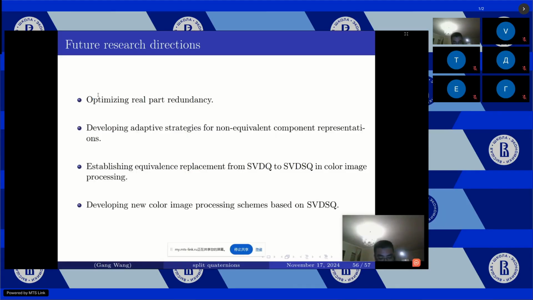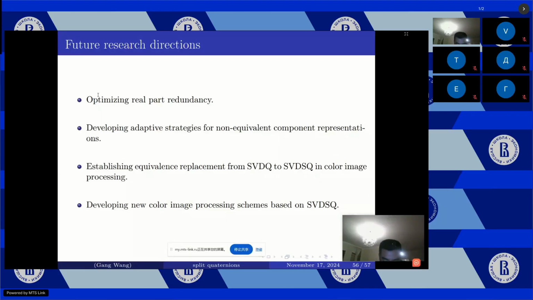Next, building on the aforementioned advantages and disadvantages, the next phase of research can focus on several key areas. First, efforts can be made to optimize real part redundancy to enhance computational efficiency.